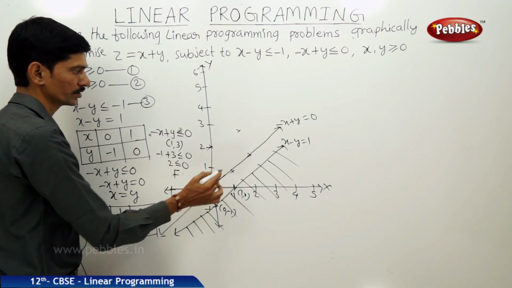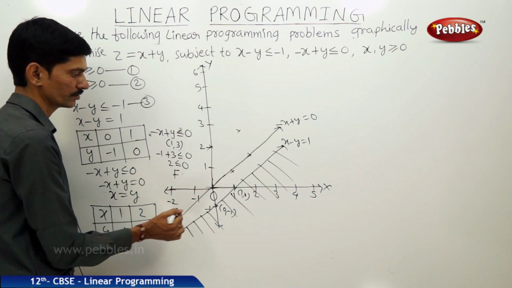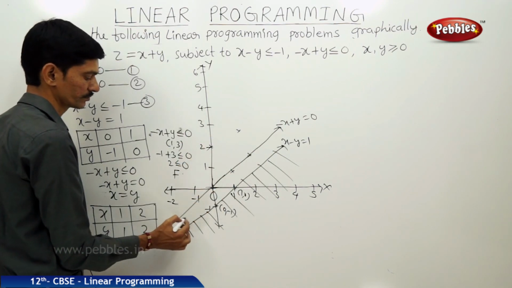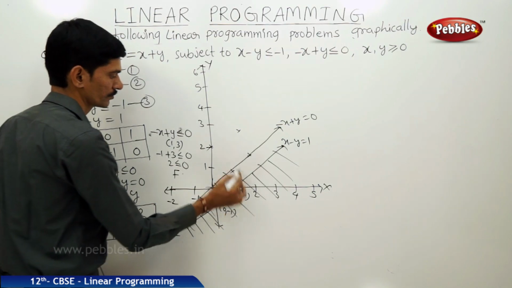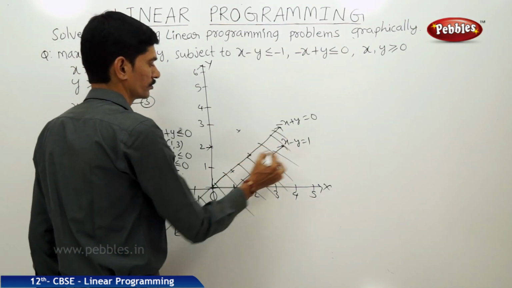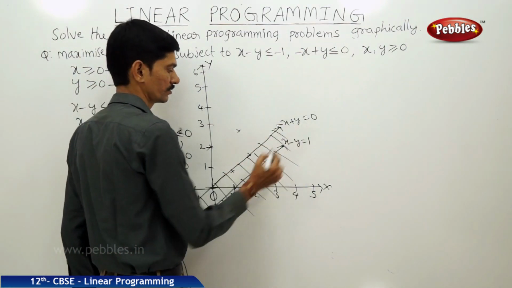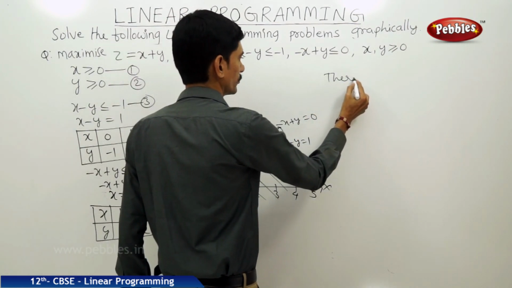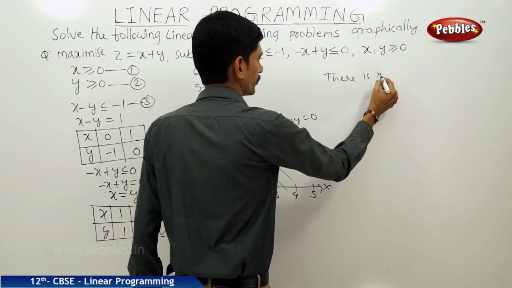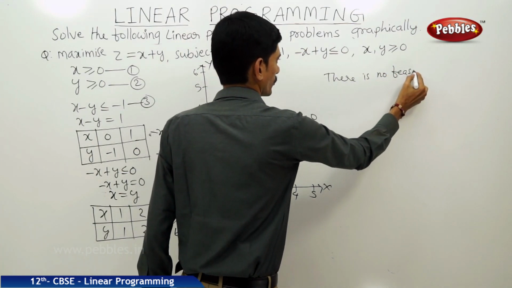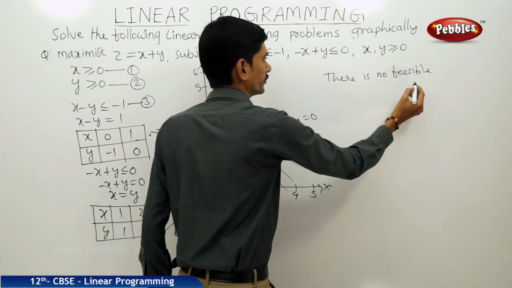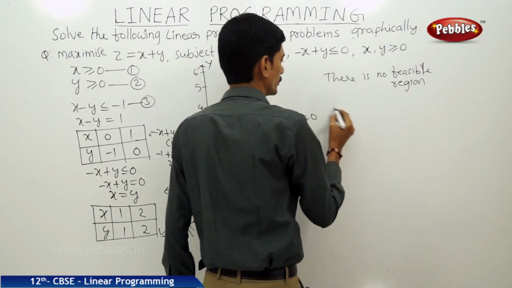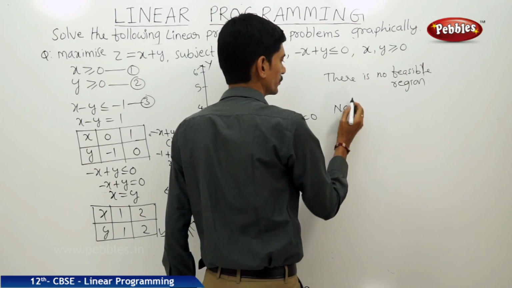So then we have to shade away from the point 1 comma 3. So here there is no feasible region, so there is no maximum value.